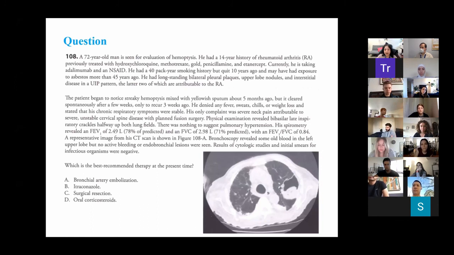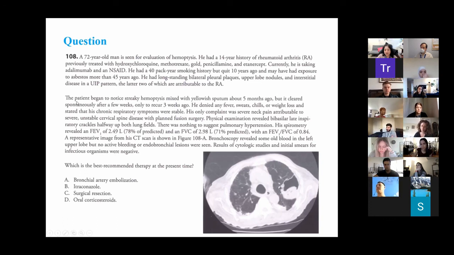He's taking now adalimumab and NSAID, has a history of smoking, but quit for 10 years, had some exposure to asbestos, has long-standing bilateral pleural plaques, upper lobe nodules, has an ILD that looks like UIP pattern. And a lot of this is thought to be lung disease or ILD secondary to his rheumatoid arthritis. So a rich history of potential causes of hemoptysis.